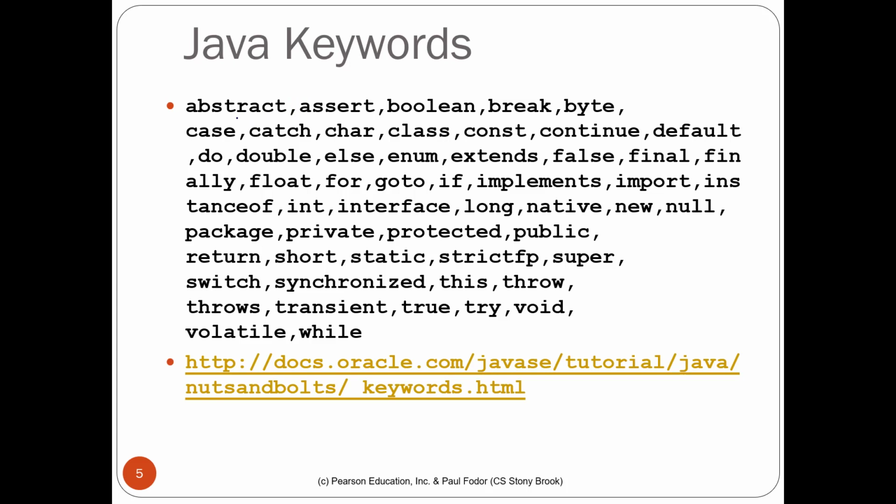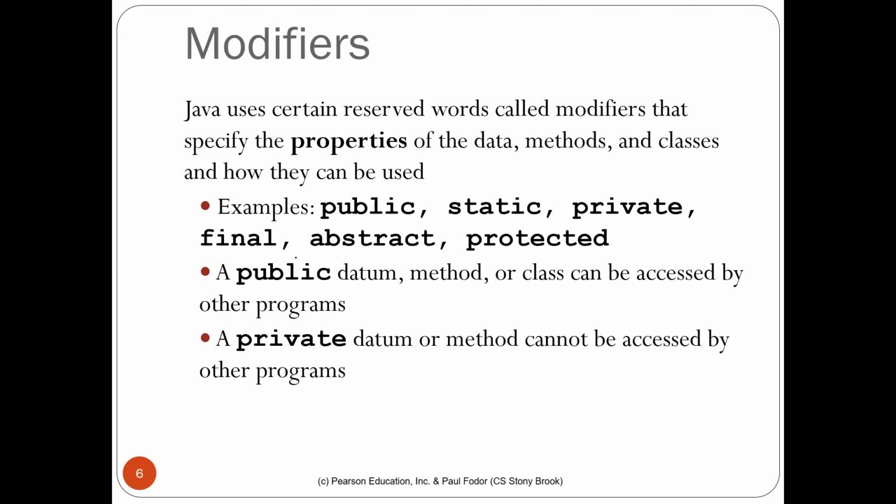Abstract, assert, boolean, break, byte, all the way to while. Most of these we will be using in CSE114, and you will get confidence once you start using these keywords. But since this is the lecture on basic programming concepts, we should have some idea about these keywords.